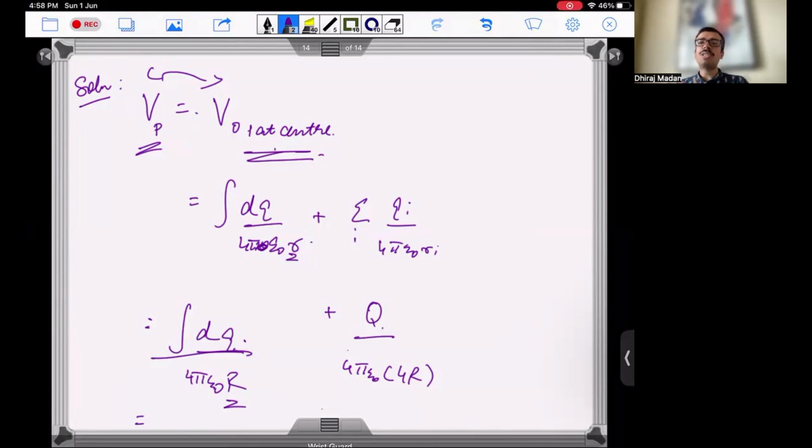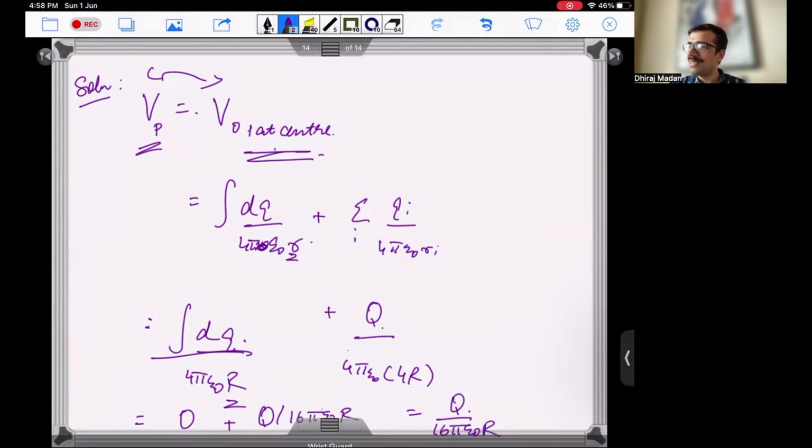The amount of positive charges and negative charges, the net sum has to be 0. So this first term is 0 anyway. The second term is q over 16 pi epsilon naught r, and that is my potential.